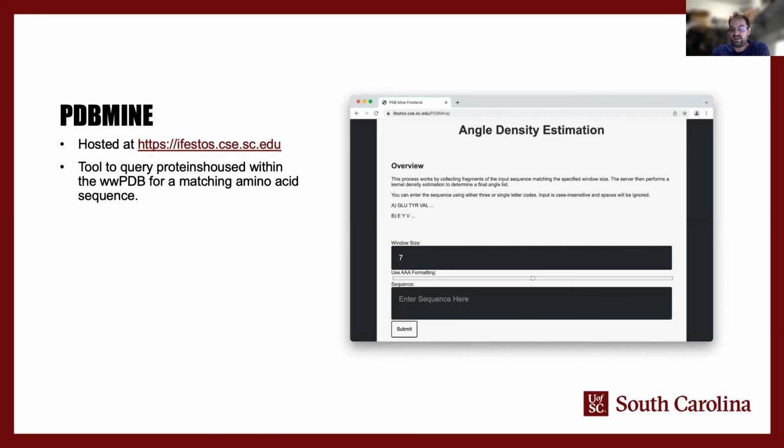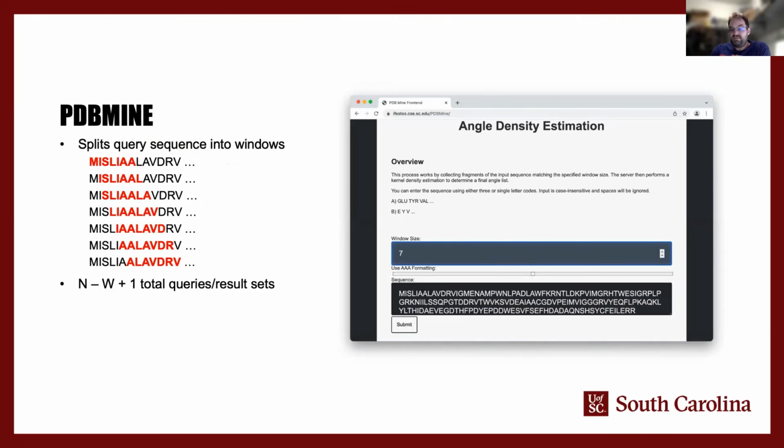It's a tool that allows us to query for various sequences of amino acids throughout the protein data bank. So PDB-Mine, when you put in a sequence, you give it a window size. And what the tool does is it takes that sequence and it splits it into windows of the window size. So let's say that you had a sequence of 100 amino acids.